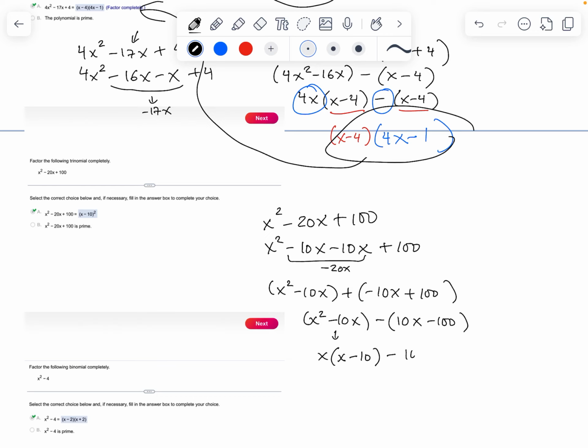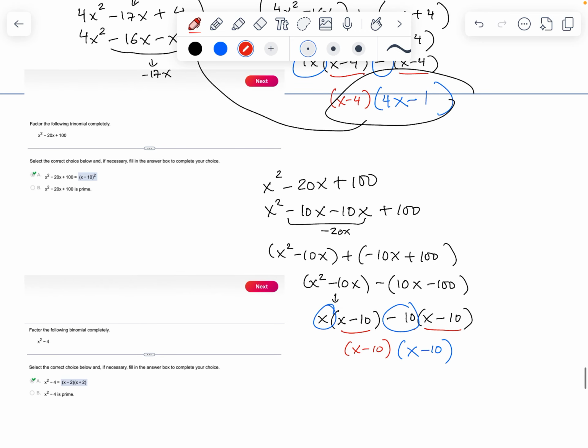And the second one we can factor out the 10, so I'll be left with x minus 10. Right. So then what I see here is x minus 10, and I write everything else that's remaining. We see that these two are the same, so we can just write this expression squared.